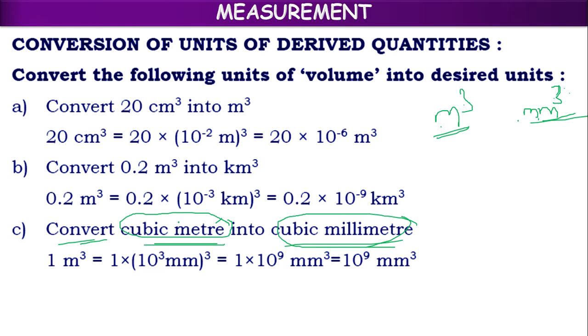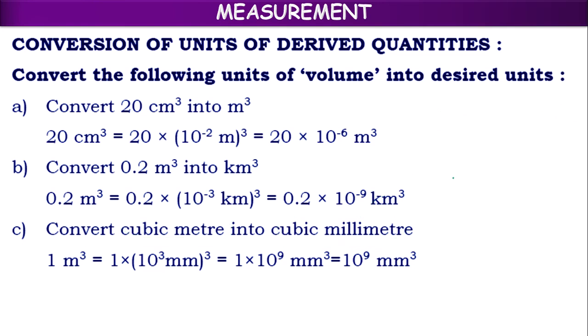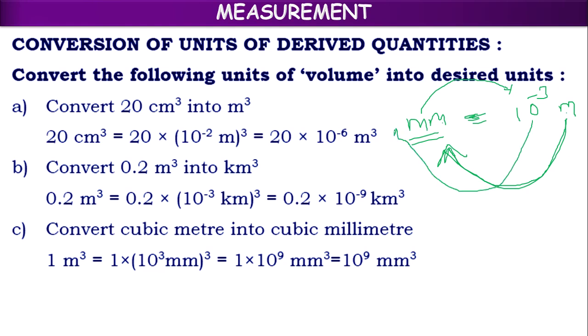We want to convert cubic meter into cubic millimeter. Let's take it in the opposite manner. So what is 1 millimeter? Milli stands for 10 power minus 3 meter. But we want to convert meter into millimeter, so this 10 power minus 3 will come this side.